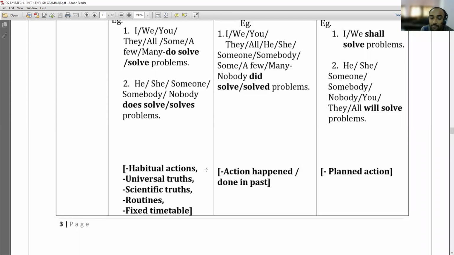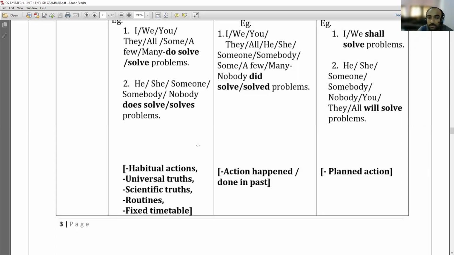So for showing the universal truths, the habitual actions, and the scientific truths also, like oil floats on water, we can denote it with the simple present tense.